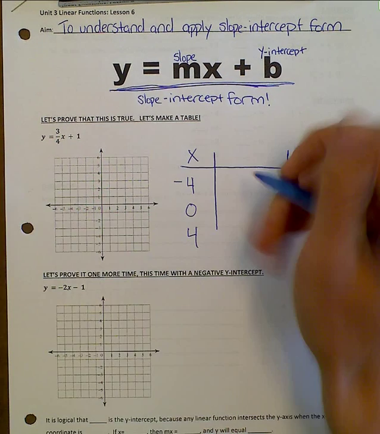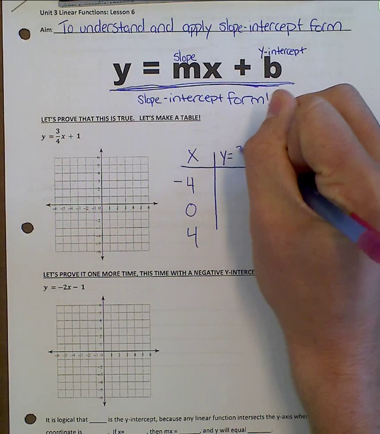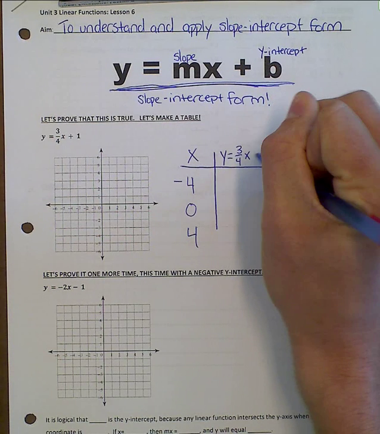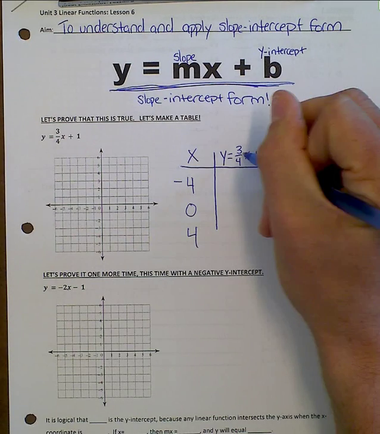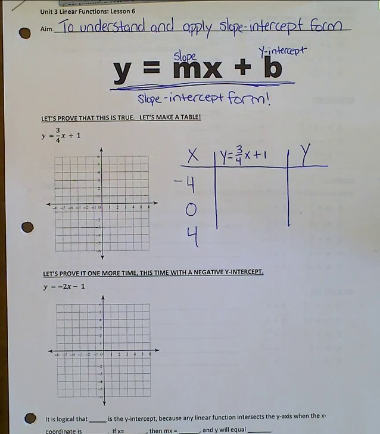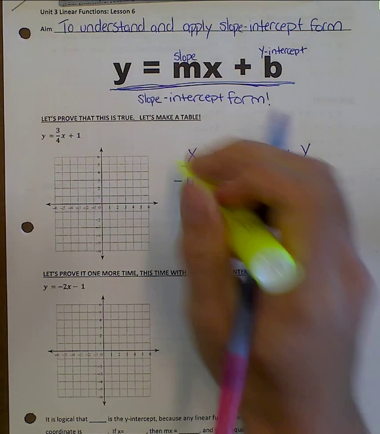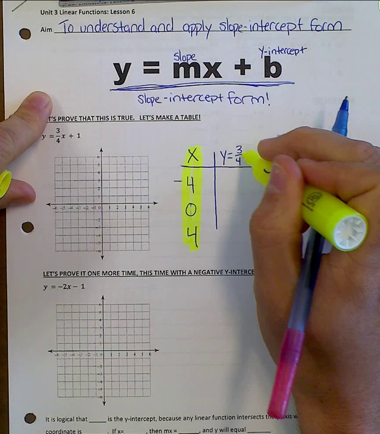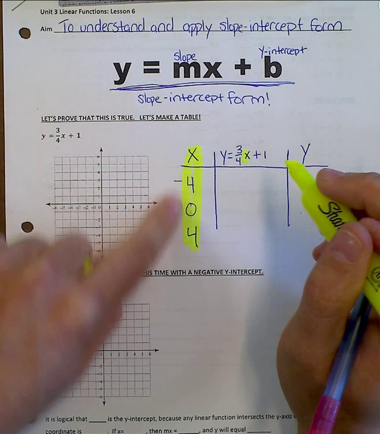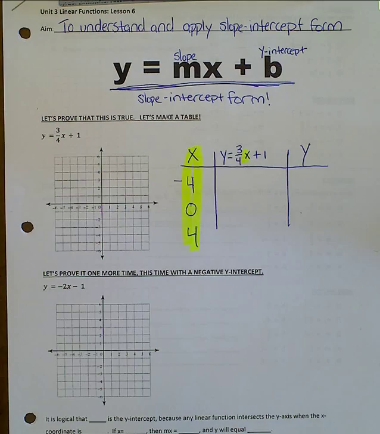Then I write my rule, and then I plug in my values of x. We're going to plug in -4, 0, and 4, all in for x.